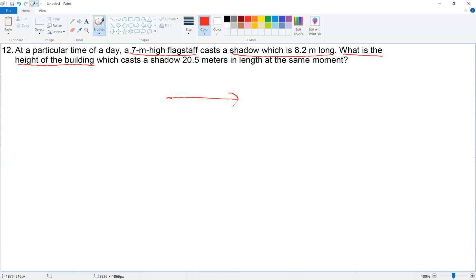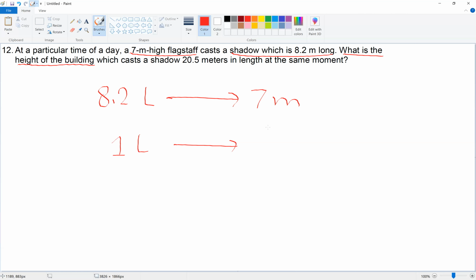So in that arrow that I drew, what goes to the right side, what goes to the left side? So what should I write on the right side? It's asking for height. On the right side I should put 7 meters. On the left side, 8.2 meters long. Now do the unit rate.